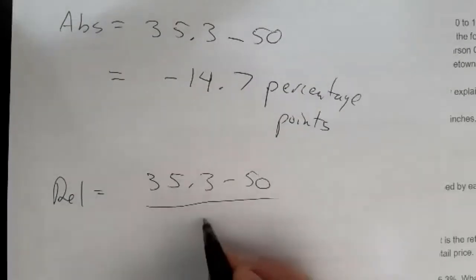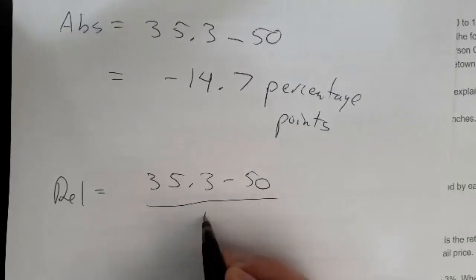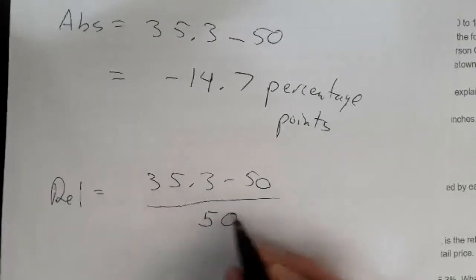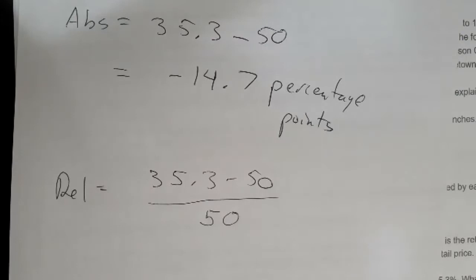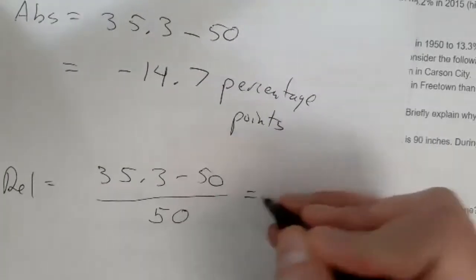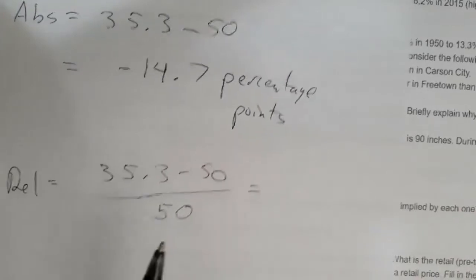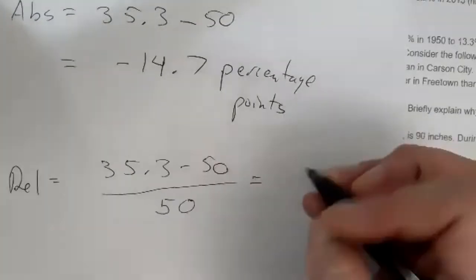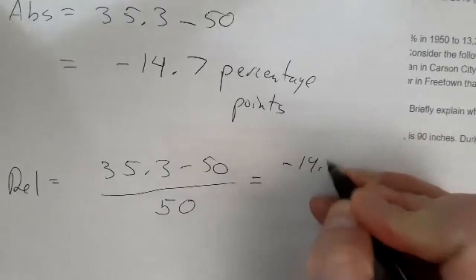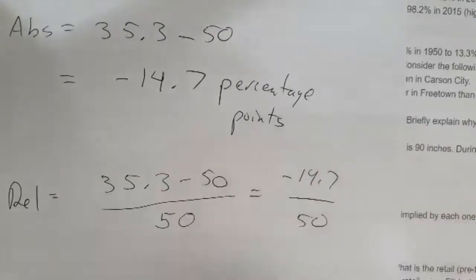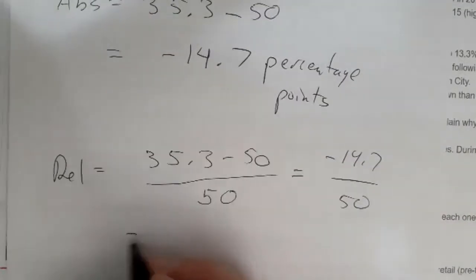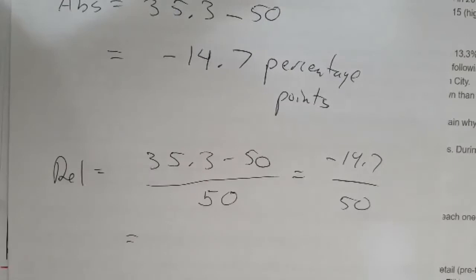And I'm putting this over 14.7 over 50. If you put it over 35.3, you're not going to get the same percentage. It's going to be a different base. So minus 14.7 over 50. That's how I did it.